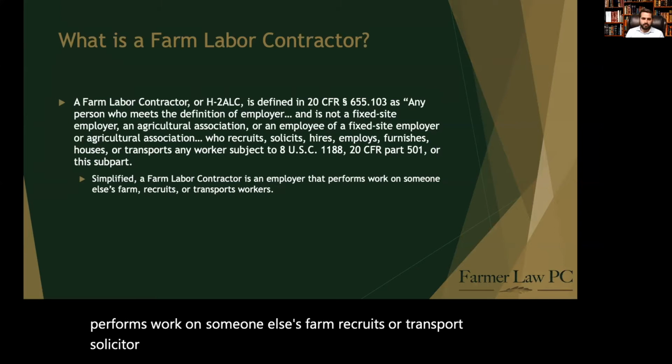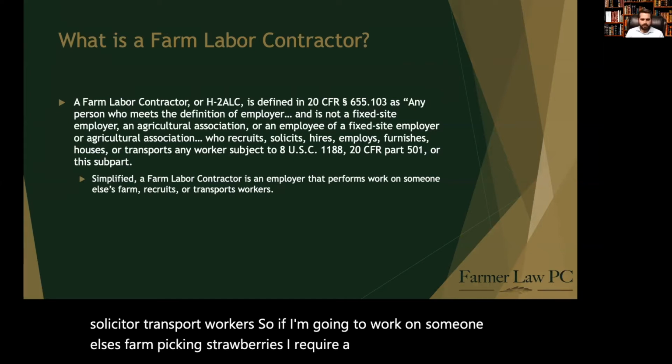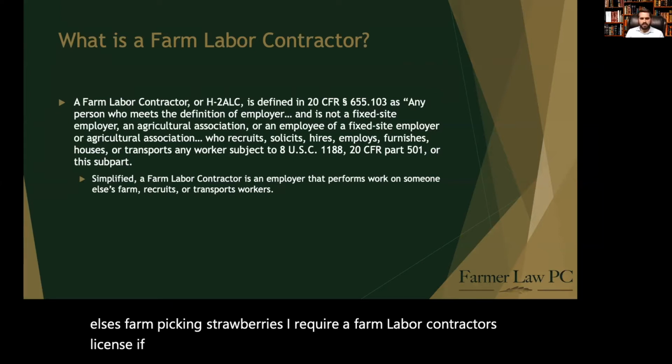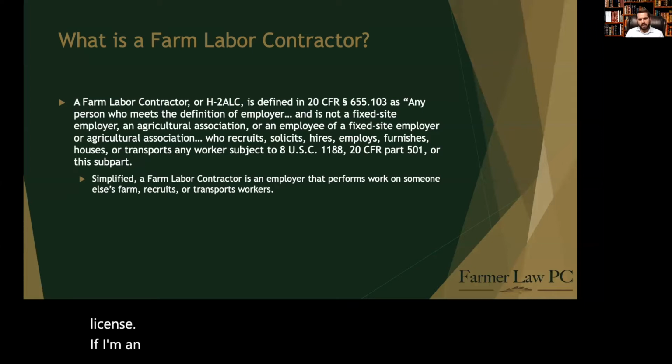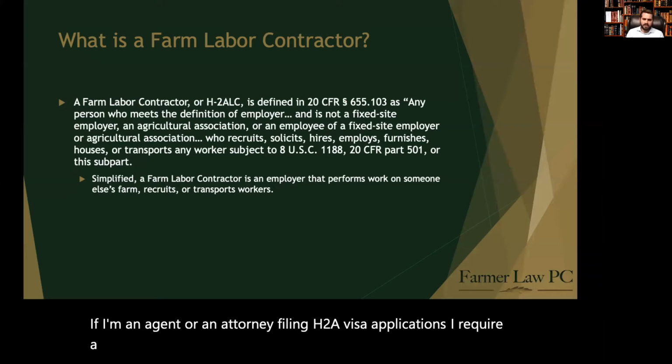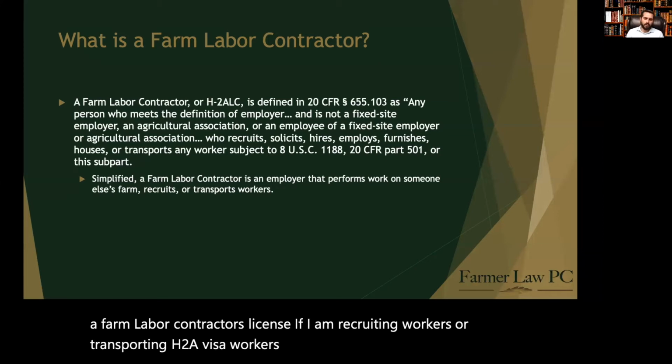So if I'm going to work on someone else's farm picking strawberries, I require a farm labor contractor's license. If I'm bringing H-2A visa workers to work on my farm to pick my strawberries, I don't require a farm labor contractor's license. If I'm an agent or an attorney filing H-2A visa applications, I require a farm labor contractor's license. If I am recruiting workers or transporting H-2A visa workers, I require a farm labor contractor's license. Hopefully that clears that up.